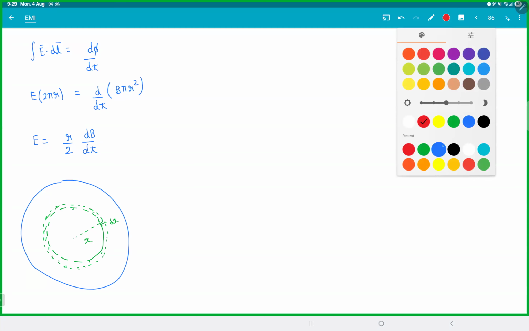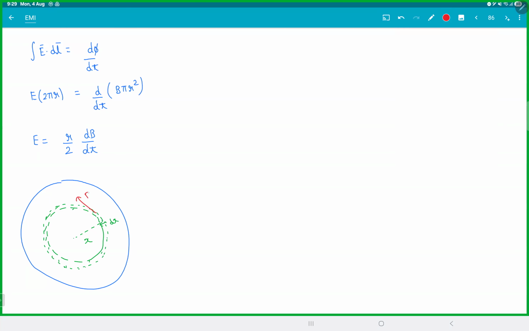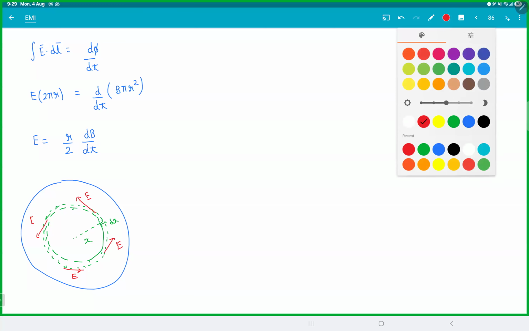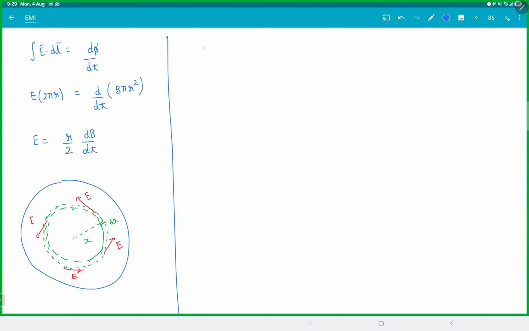So on this thin ring, we have an electric field E, which is tangential. Again, this electric field acts only for that small time dt, but the value is pretty large. So B changes from 0 to B in very small time t.